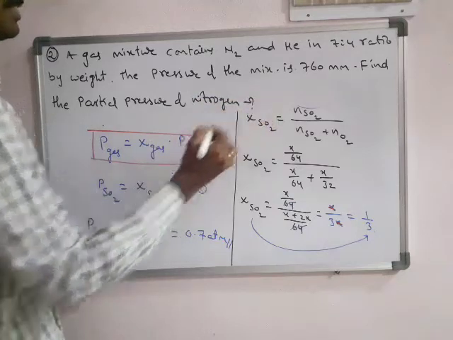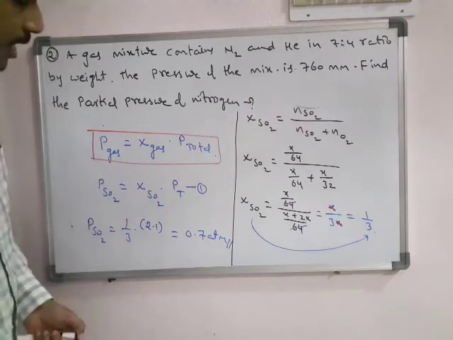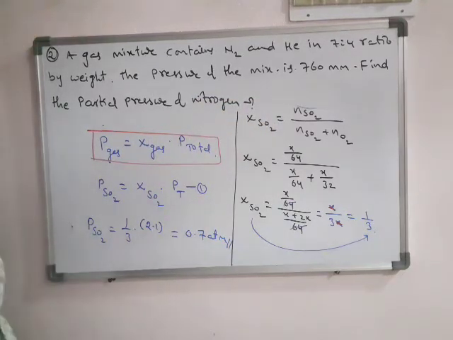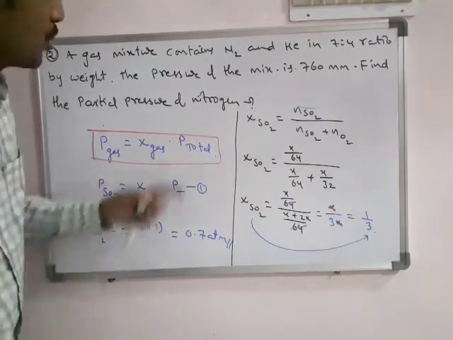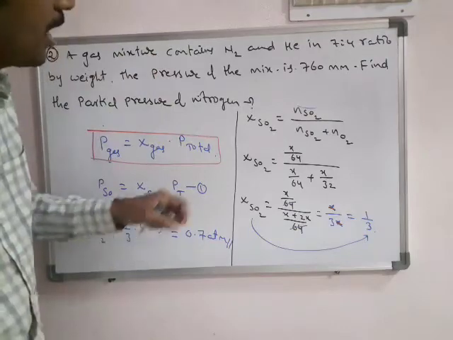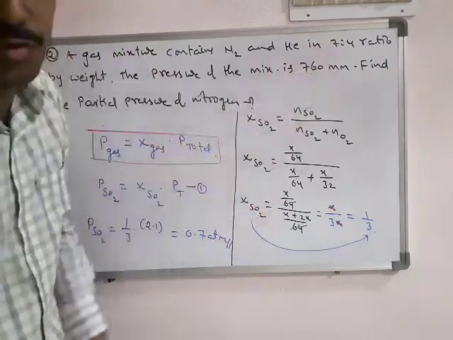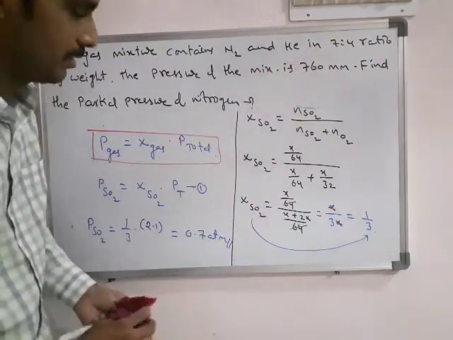Same formula, but the difference is in calculating the mole fraction. In the previous problem the same grams were given to us, but here it is given as 7:4. So there is some calculation difference.